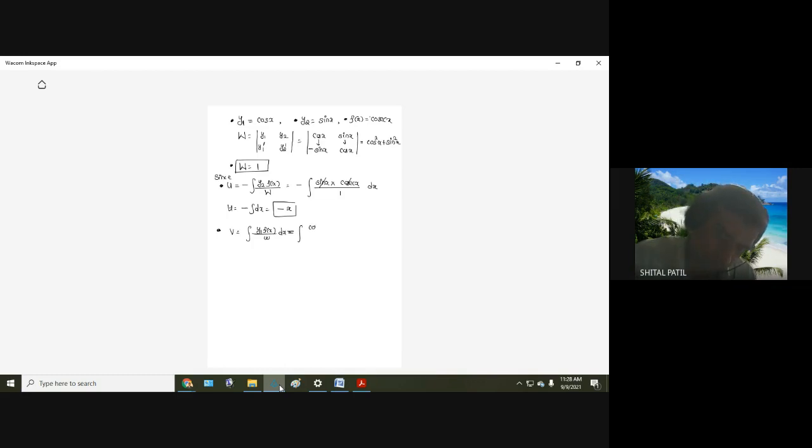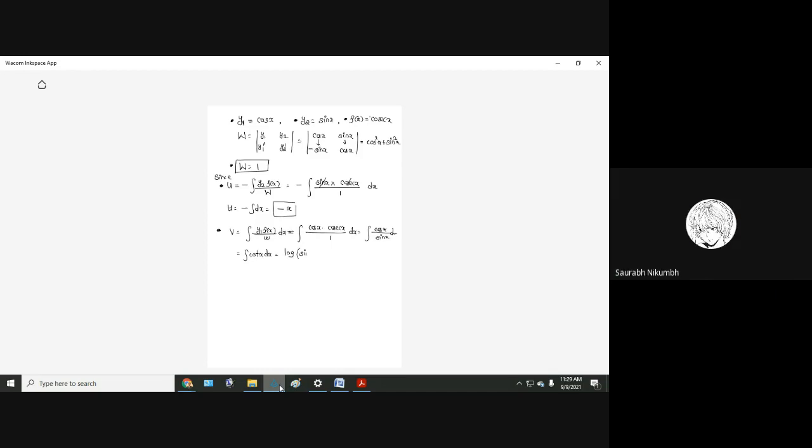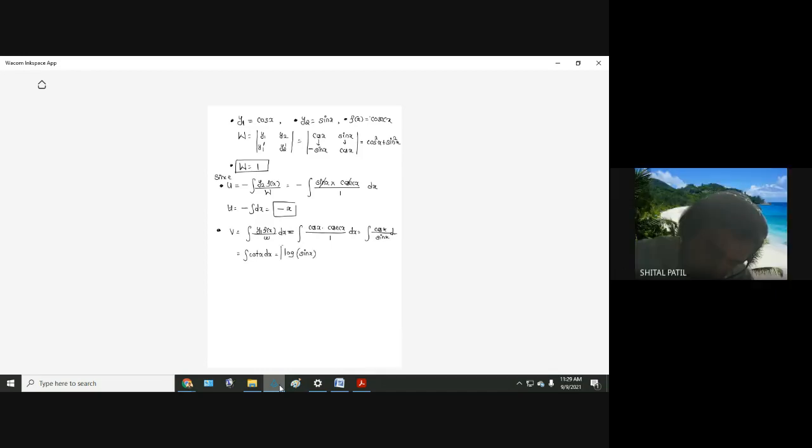So cos x into cosec x divided by 1. Isn't it? What is the integration of cot x? Log of sin x. Any negative sign or anything? No. Not, okay. No, sir.